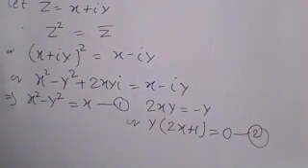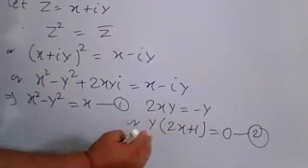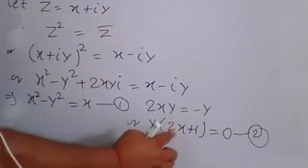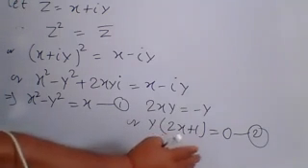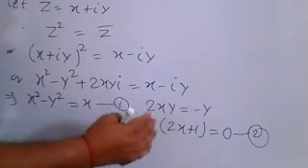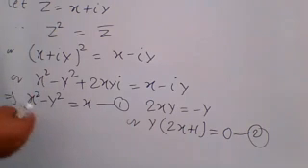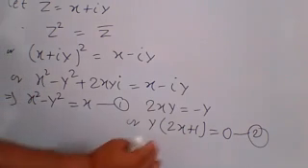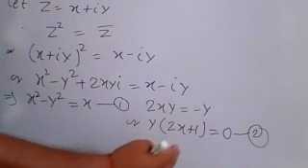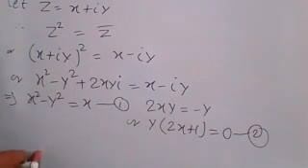Now from the second equation you find the value of y. There is a possibility that y is equal to 0. If y is equal to 0, put that value in the first equation and find the values of x. In the same way, from the second factor you find the value of x, put it in the first equation and find the value of y. Understand? In this way you solve.